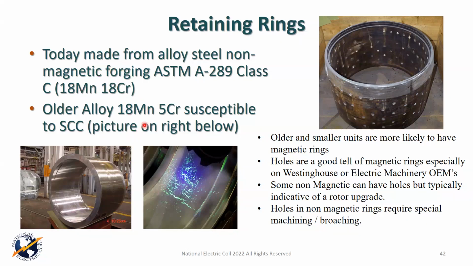Now, going back to the 18-5, going back maybe, I'm going to say at least 15 or 20 years ago, almost all, if not all of the OEMs came out with bulletins that said, look, if you've got 18 manganese, 5% chromium, non-magnetic rings, they need to be replaced due to the potential problems with stress corrosion cracking. All right. And so you should know, if you have these machines, you should know what alloy you've got, and know if they've been changed out or not. But no matter either way, okay, you should be doing NDE on these rings every time they come off.